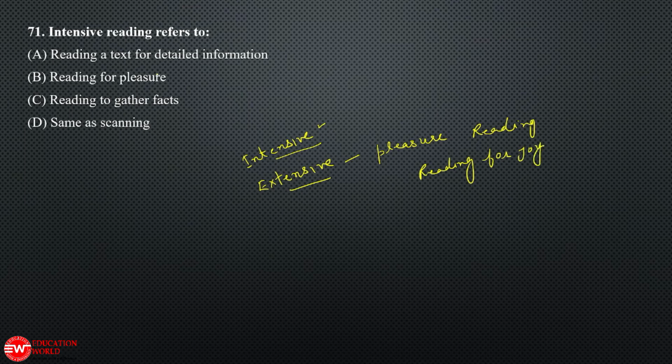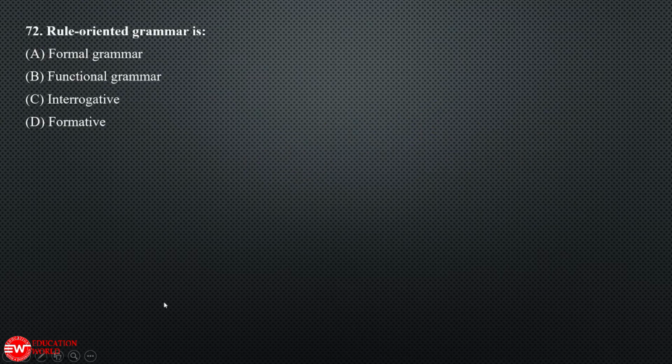So intensive reading is reading done for a specific purpose, and extensive reading is just reading for pleasure. So here, intensive reading refers to reading a text for detailed information.